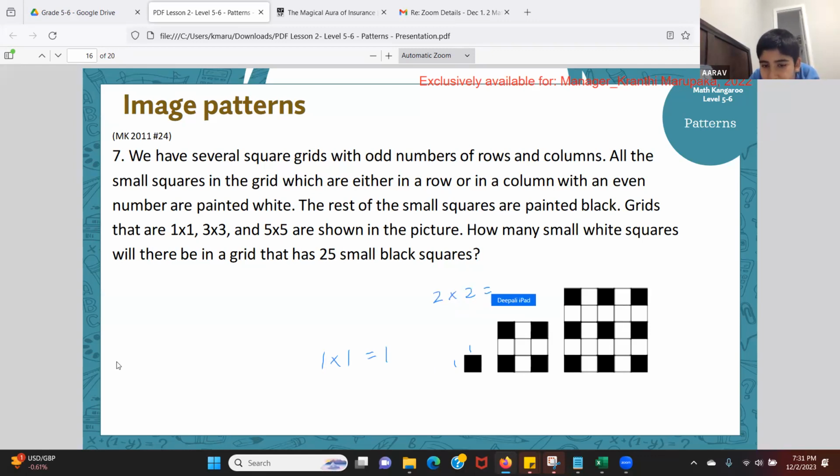And for the 5x5, there would be 3 times 3, which is 9. Continuing this pattern, the 5th square, which is a 9x9 square, would have 25 black squares. So basically, we do 81 minus 25, which would be 56. And that would be the answer.